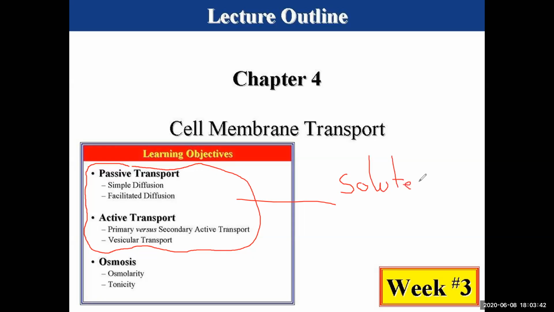Right, so when the cell transports solutes, it can use simple diffusion or facilitated diffusion if it relies on passive transport mechanism. It can use primary active transport, secondary active transport, or bulk transport when it requires ATP. In both cases, we are talking about solutes being transported across the plasma membrane.